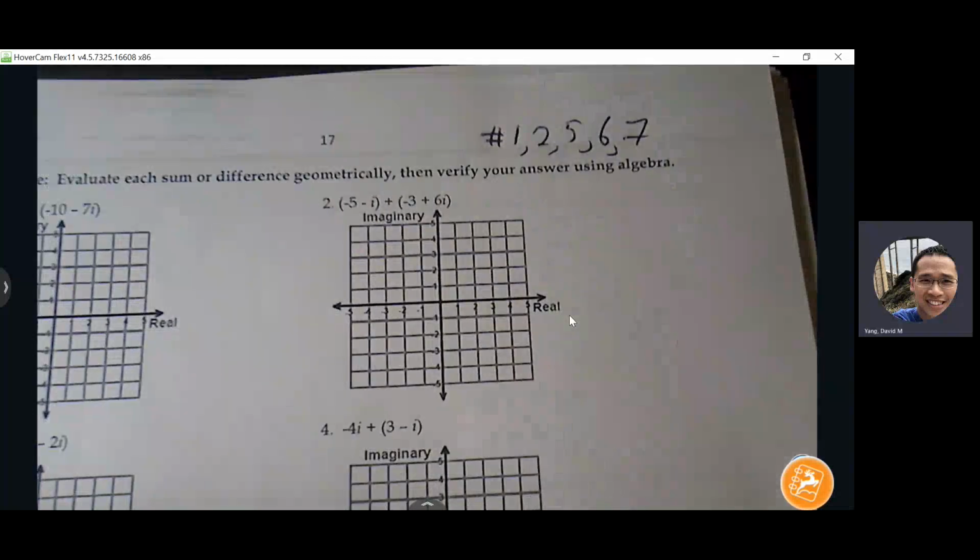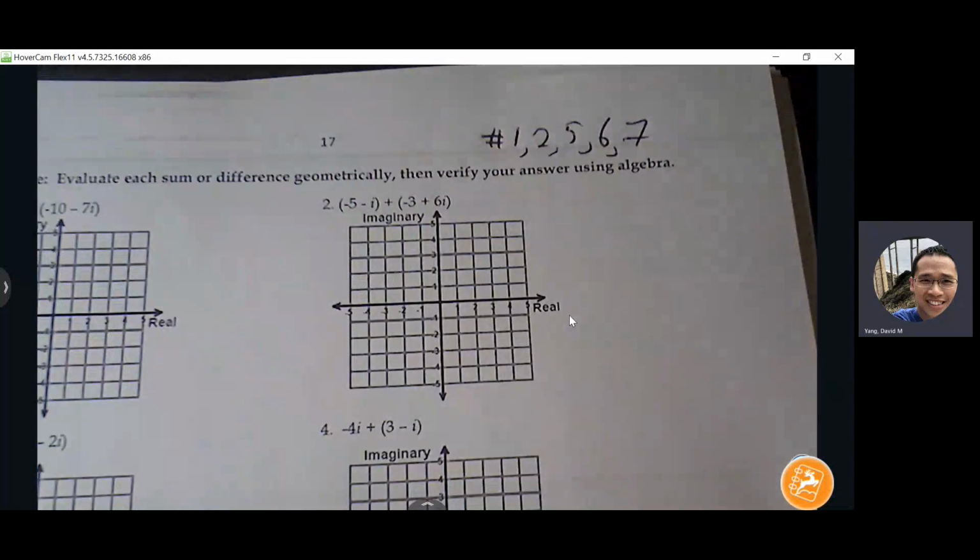All right, so on page 17, 1, 2, 5, 6, 7, and I'll show the answers, but hopefully you find this easy. Can we just write the final resultant? You can write the final resultant, but I want to see it algebraically and graphically. Okay.